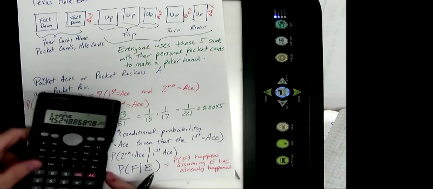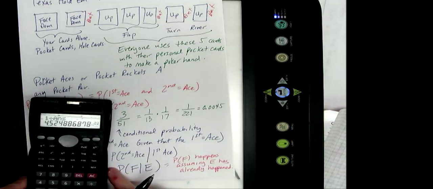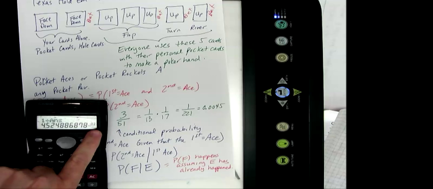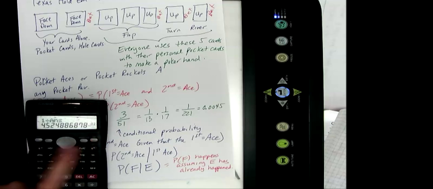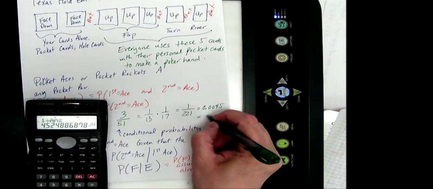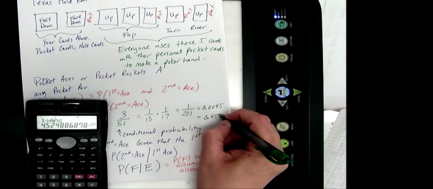And for the folks that were doing Math 321, we were talking about scientific notation. My calculator gave me scientific notation here, so I did times 10 to the -3, and I moved the decimal left 3 times. If I turn this into a percentage, this is 0.45%.